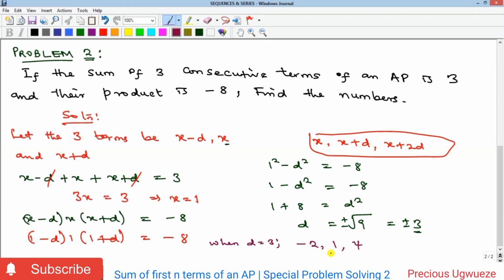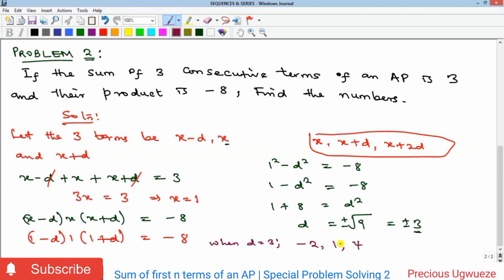And if you check, this of course is an AP. The common difference is 3. And if you sum these three, you'll definitely get 3, and so it satisfies the first condition. If you also multiply the three, you will also get -8, and so it satisfies.